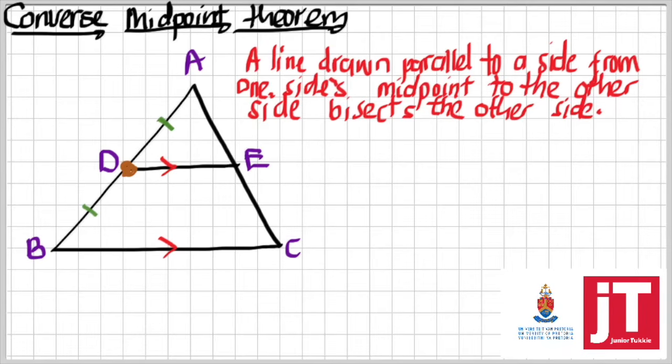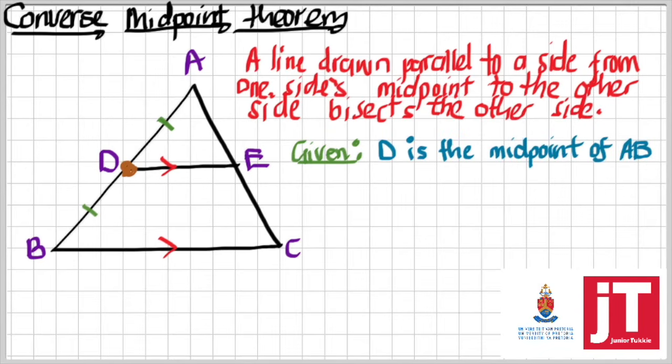Similarly, I'm going to formalize all that and write it in words and say, what are we given? We're going to start with our given. We are given that D is the midpoint of AB. You can see that D is the midpoint of AB. What are we also given? We're given that DE is parallel to BC.